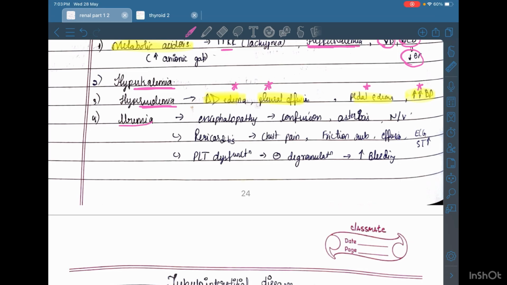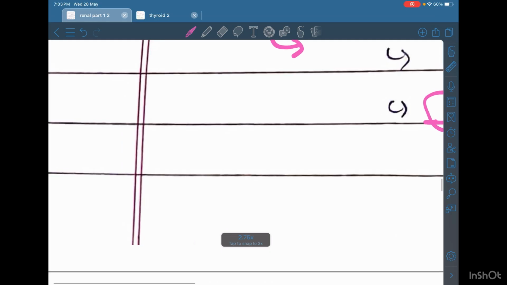Then uremia, very important. So we can see uremic encephalopathy, uremic pericarditis, uremic pneumonitis, right? It causes encephalopathy, which leads to confusion, asterixis, nausea, vomiting, and pericarditis, which results in chest pain and pleural rub, effusion. Then it can even cause platelet dysfunction, which inhibits degranulation, which causes bleeding.